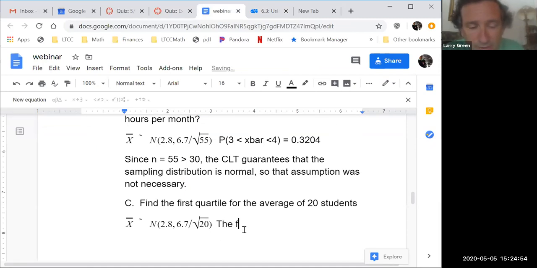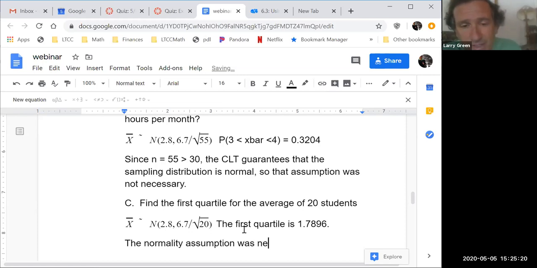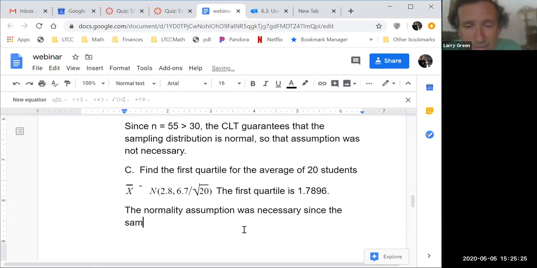So the first quartile is 1.7896. Okay. Notice now, was the assumption necessary? This time, yes. The normality assumption was necessary since the sample size was 20, which is less than 31.